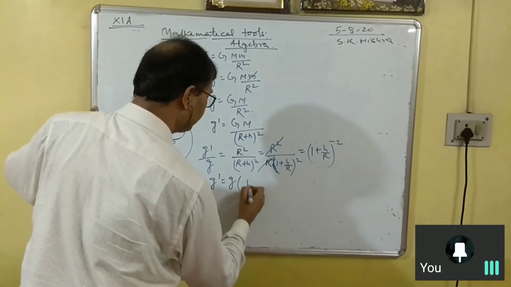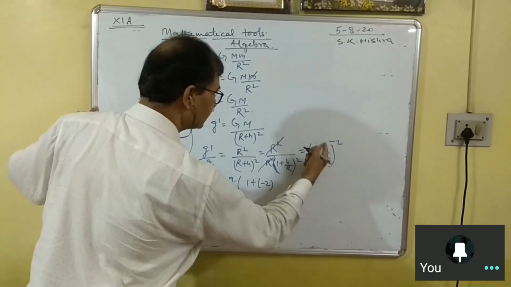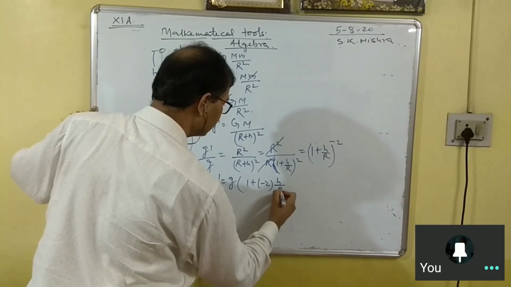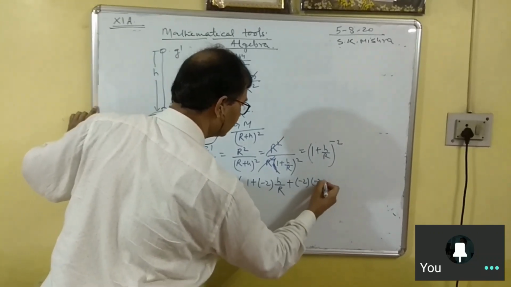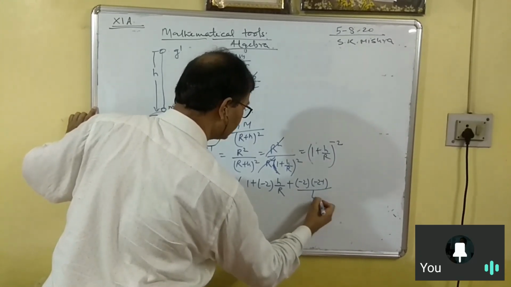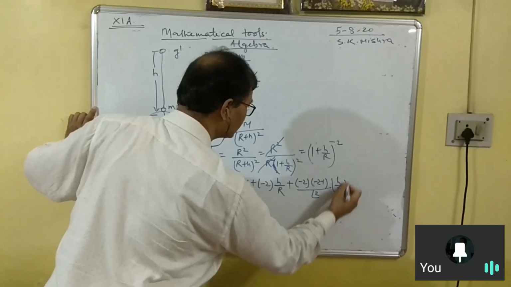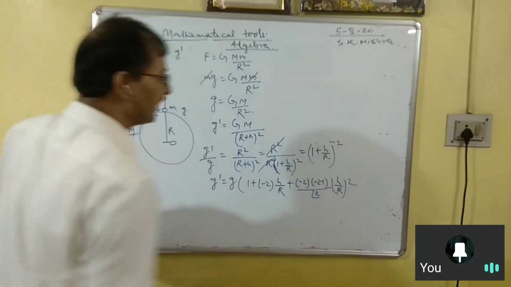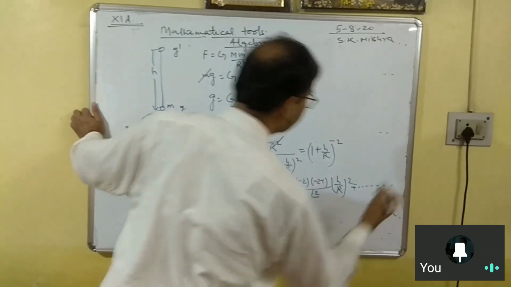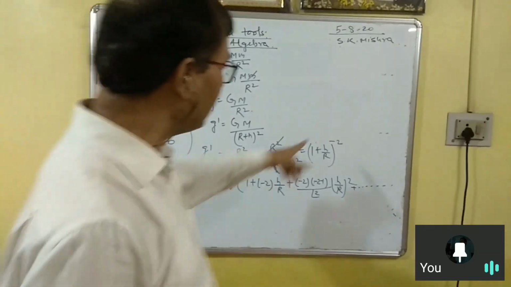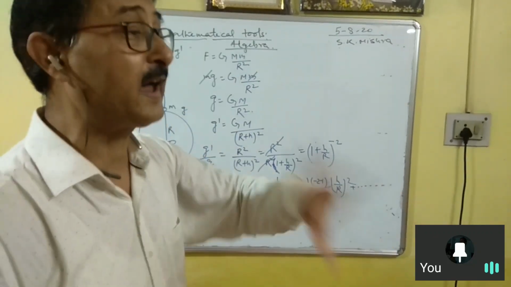This is 1 plus nx plus n into n minus 1 by factorial 2 into x square, where the power n is minus 2 and x is h by r, plus dot dot dot. Many more terms will be there because the power is minus 2, so the number of terms in its expansion will be infinite.